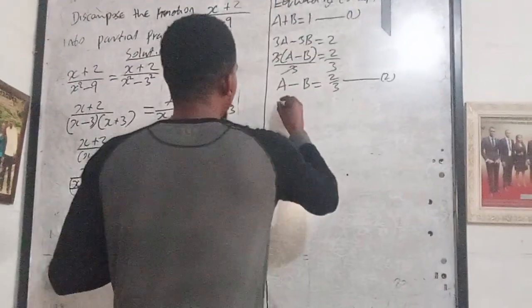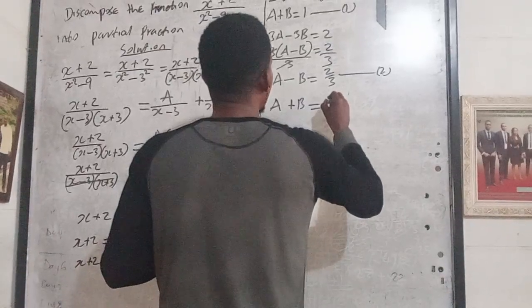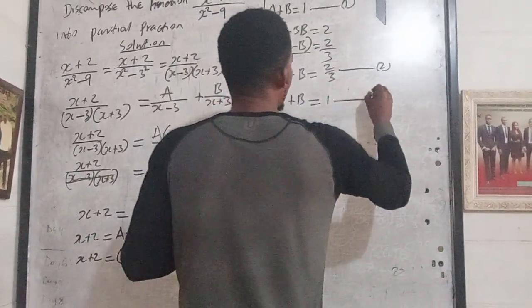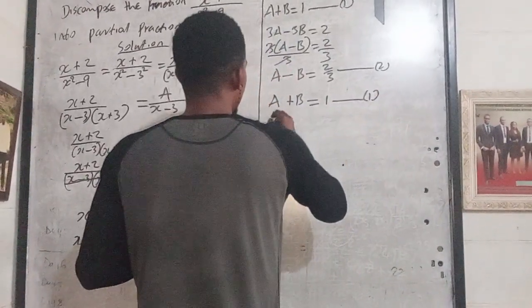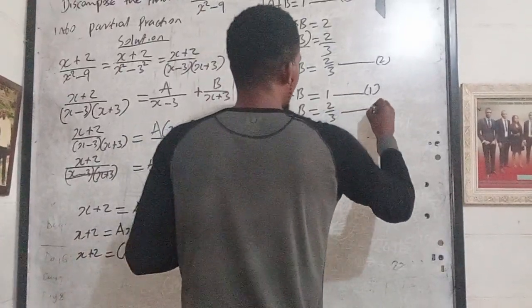In this case, we have a plus b is equal to 1, equation 1. We have a minus b is equal to 2 over 3, equation 2.